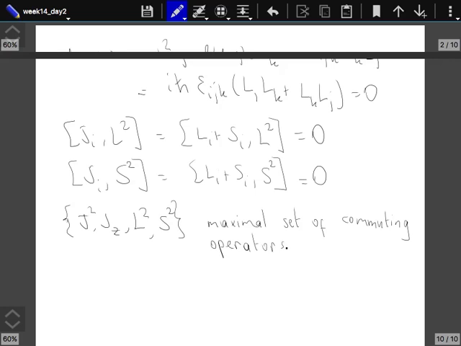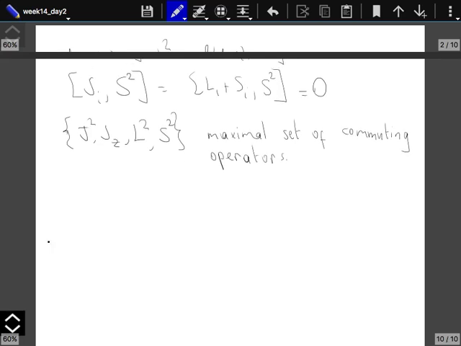So we are already looking at the eigenkets of J squared and Jz, but this tells me that those eigenkets are also eigenkets of L squared and S squared. Now we already know what the eigenkets should be. We have the J, Mj. Now let me use a slightly different notation. The basis is L, S, J, Mj.